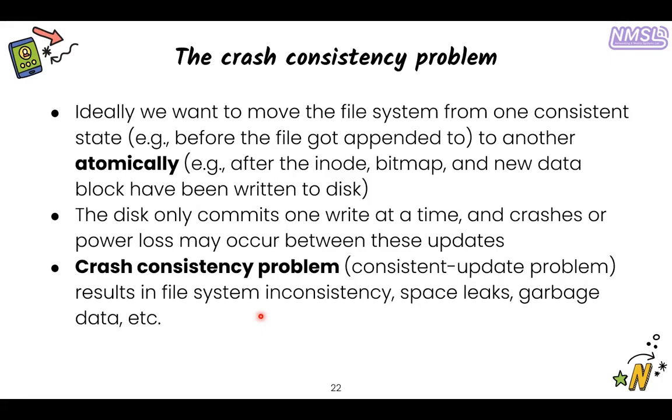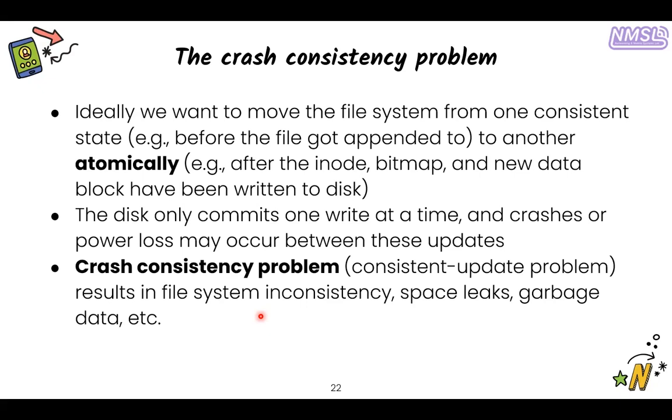Ideally, we want to move the file system from one consistent state, say before the file got appended to, to another atomically, meaning after all the inode, bitmap, and new data block have been written to the disk. 3 writes, we want them all to be done, ideally.